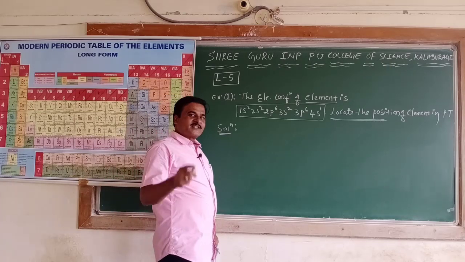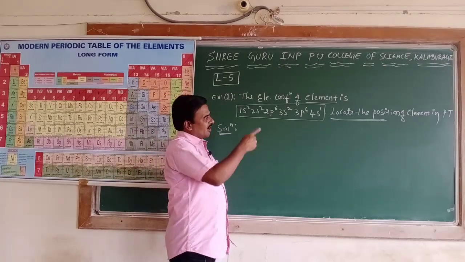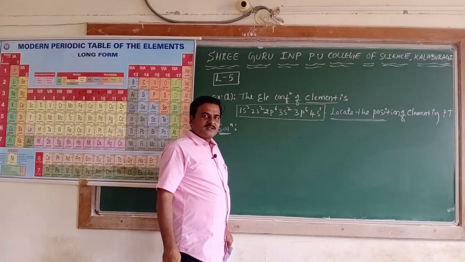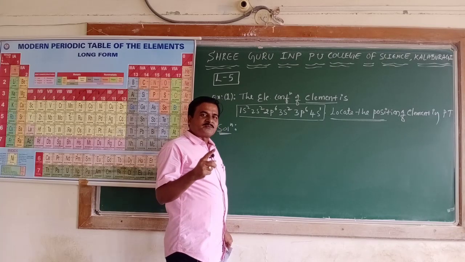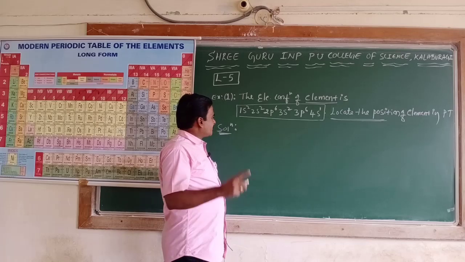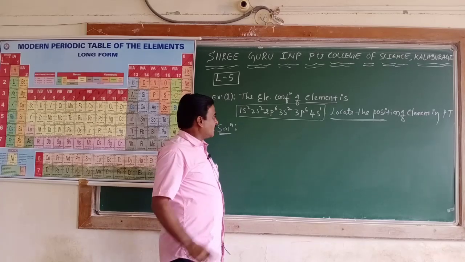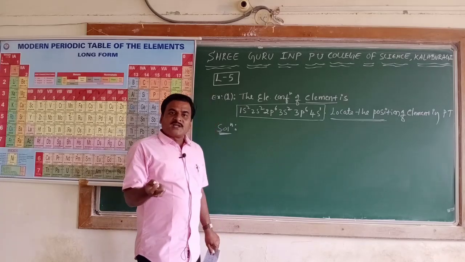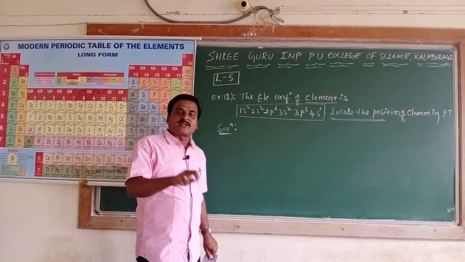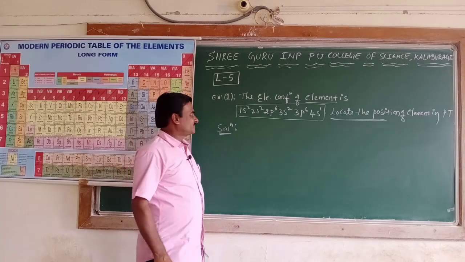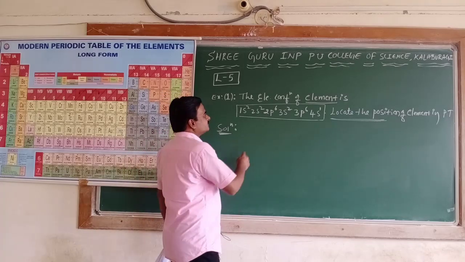So, how to predict the period of the block to which it belongs? The guideline says the principal quantum number of the valence shell of the element will give the period of the element to which it belongs.